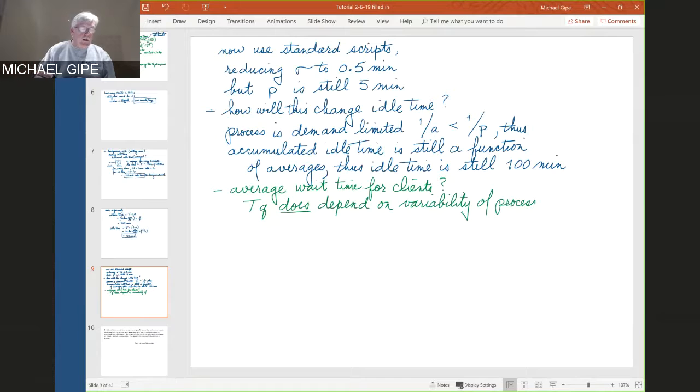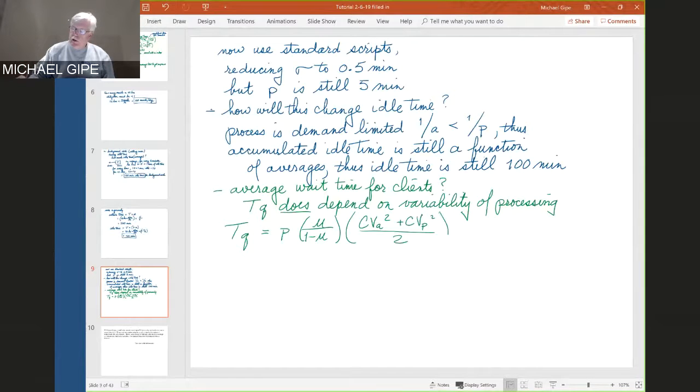So we're going to plug that in to our TQ formula. And for a single resource, remember, utilization divided by 1 minus utilization times CVA squared plus CV for the processing squared, the average of those two.